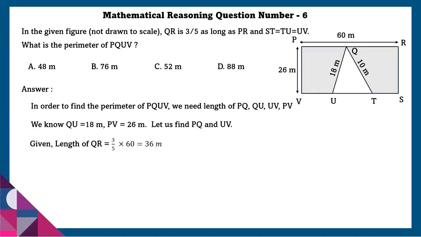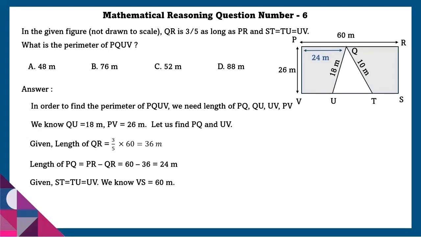Given length of QR is equal to 3 by 5 into 60, which is equal to 36, since in the question it's given that QR is 3 by 5 as long as PR, and PR in the given figure is 60 meters. So the length of QR is equal to 36 meters. Now the length of PQ is equal to PR minus QR, which is equal to 60 minus 36, that is 24 meters. Given ST is equal to TU, which is equal to UV.